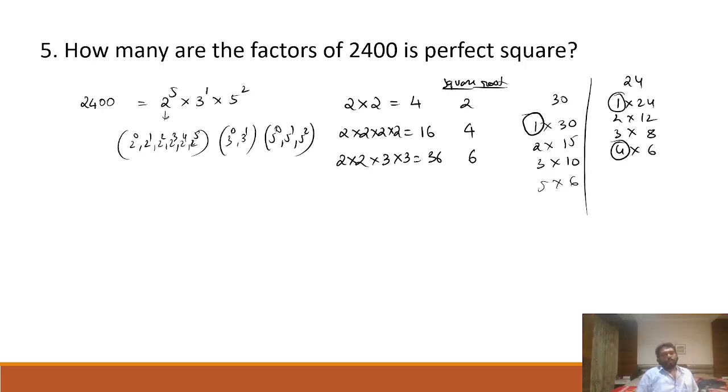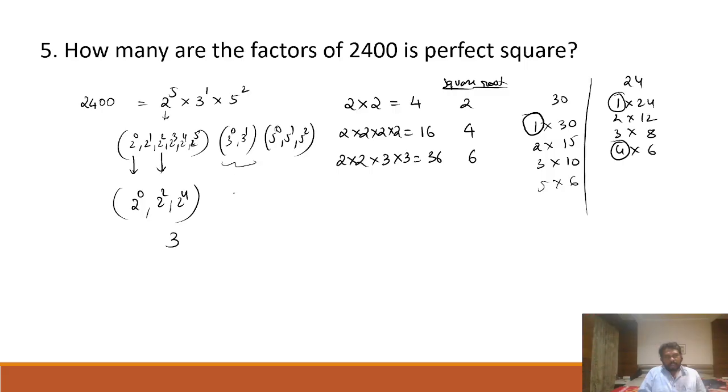What I suggest you do here is simply take the even powers of 2 into the count, because I need to multiply an even number of times. 2 power 0 is 1, 2 square is 4. You just take those numbers into the count: 2 power 0, 2 square, 2 power 4. So how many numbers? 3 numbers.